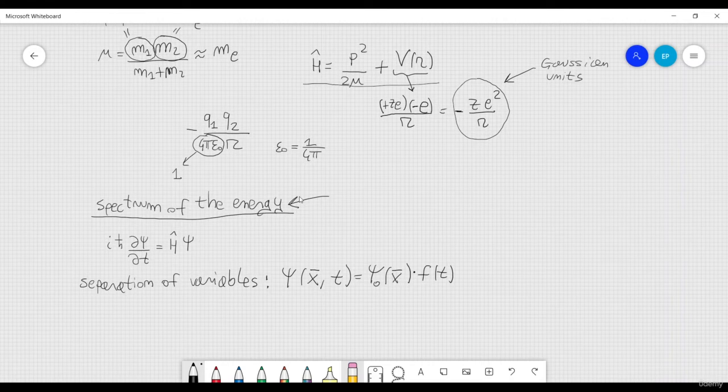And therefore, the electron, after some time, would have had to collapse into the nucleus. But that did not happen. Some people also calculated the time that it would take for the electron to collapse into the nucleus.